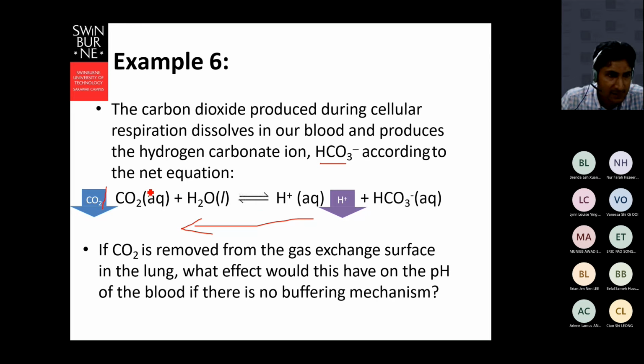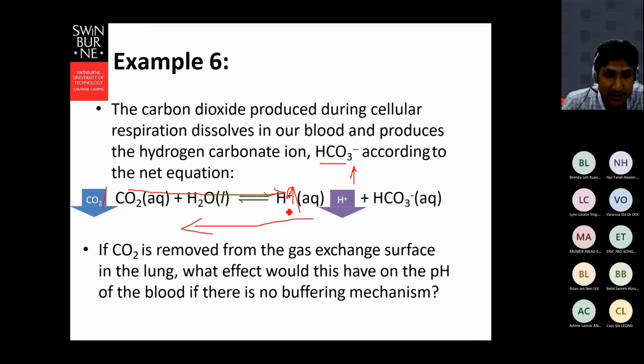Vice versa, if I have more carbon dioxide in our body, if I did not breathe for some time, the carbon dioxide builds up, and then more bicarbonate ion will be produced. The reaction will go forward, and then hydrogen ion will increase.